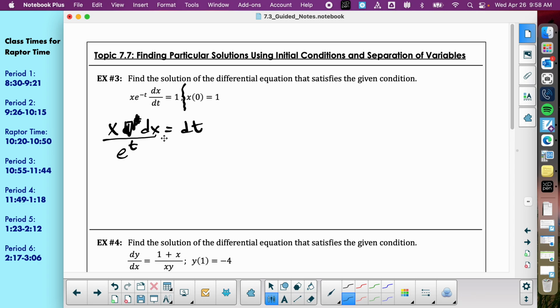Dividing by e to the negative t would just put a negative power in the denominator, and then you would move it to the top as positive. There's a lot of ways to work with it. Either way, we end up with x dx equals e to the t dt.